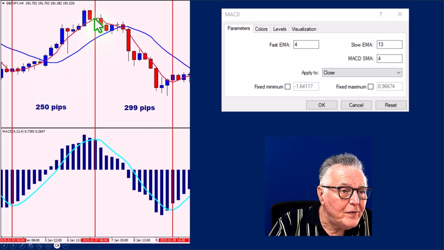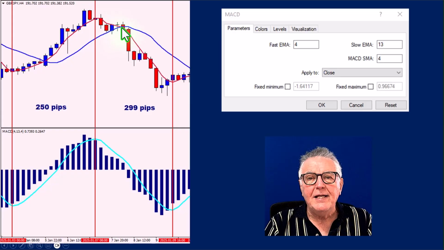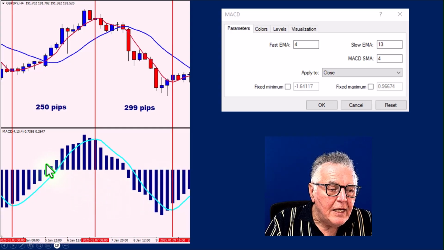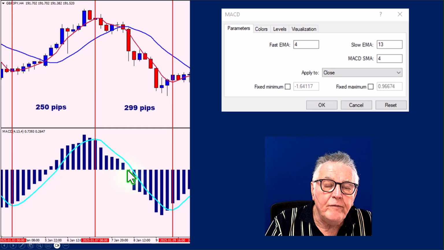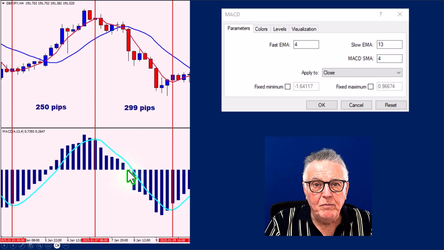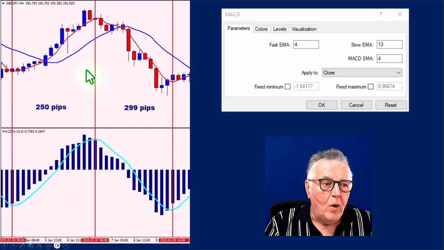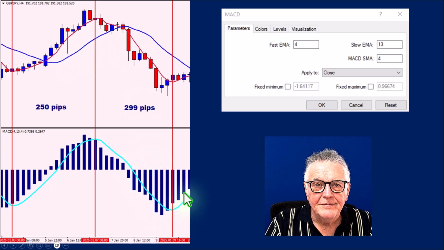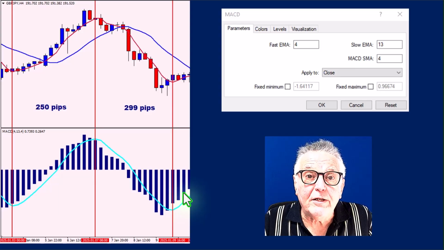So over there you can see the gap starts getting smaller and smaller, and then eventually they meet. So the MACD measures the divergence and convergence of the moving averages when it's going up and when it's going down. That's all it does.